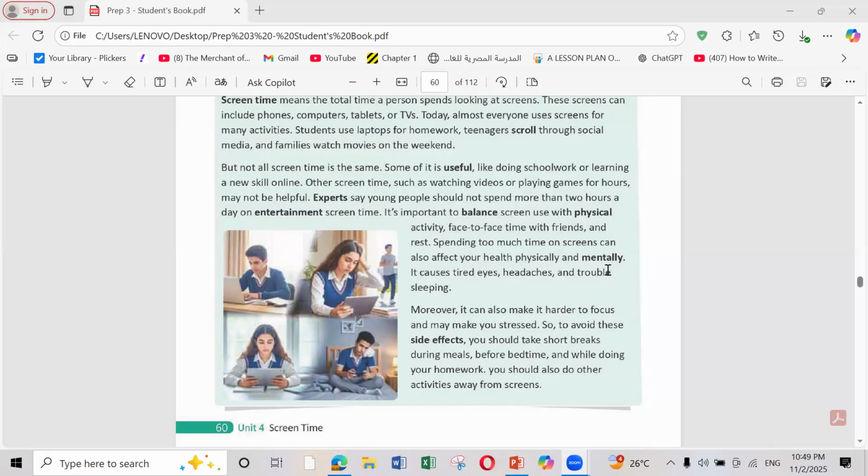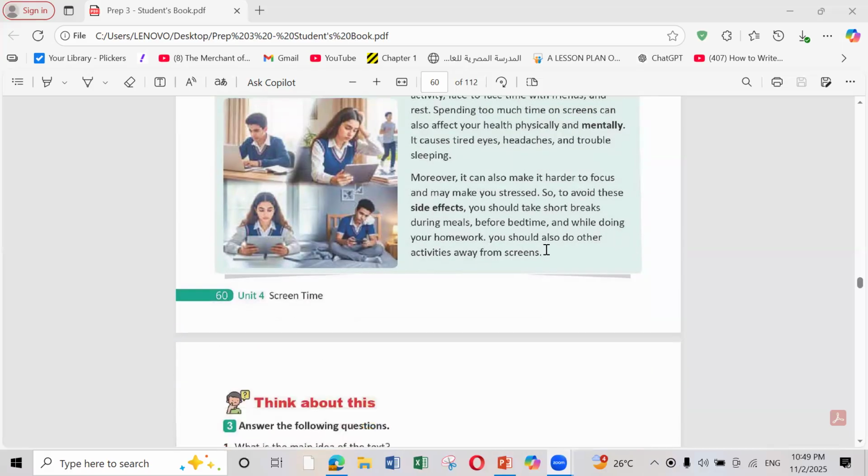You should also do other activities away from screens, and concentrate on this part. You shouldn't sit in front of screens for a long time.